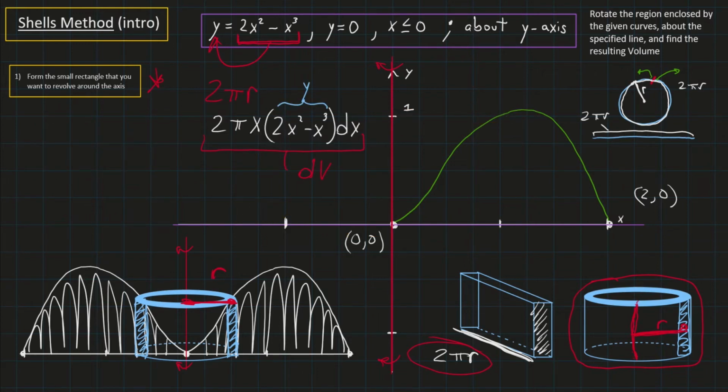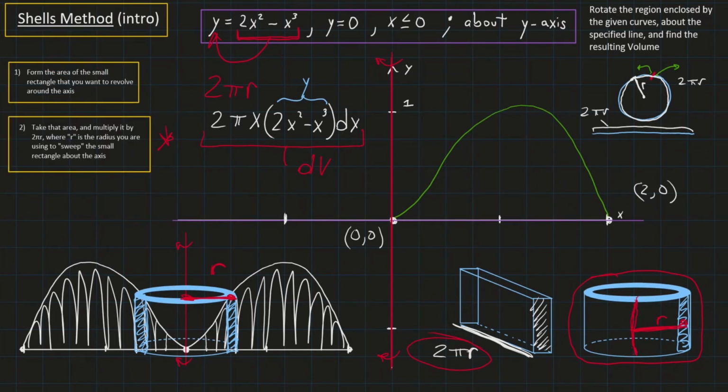So let me just change my step here. I wanted to say: form the area of the small rectangle that you want to revolve around the axis. So let me just change that real quick. So then we had that step 2. We took this area here and multiplied it by 2 pi r, where r is the radius that we were using to sweep that small rectangle about our y-axis.